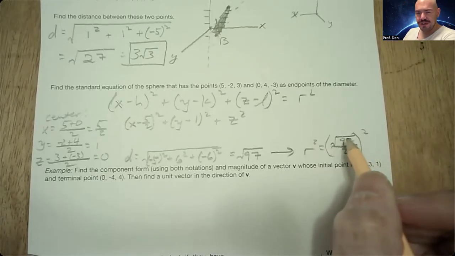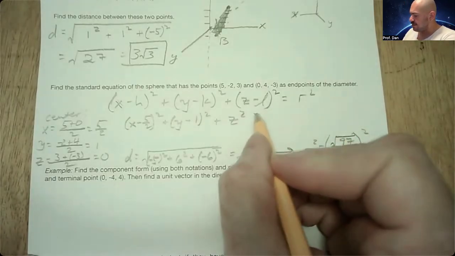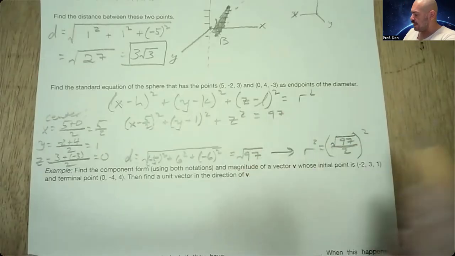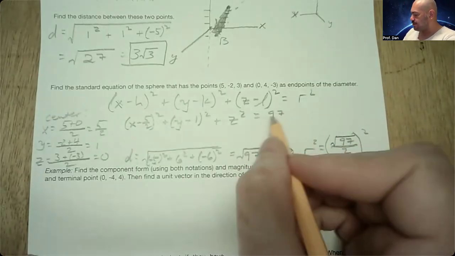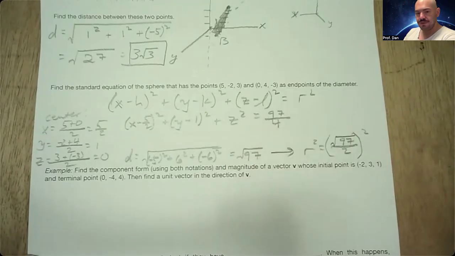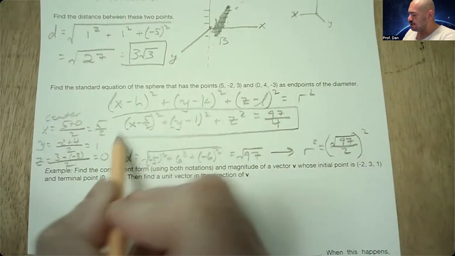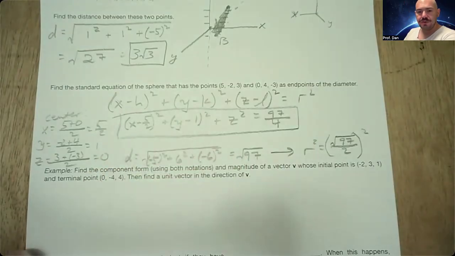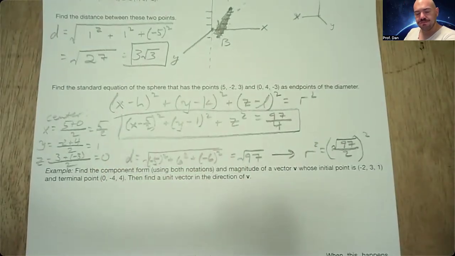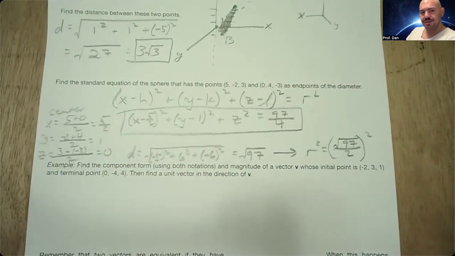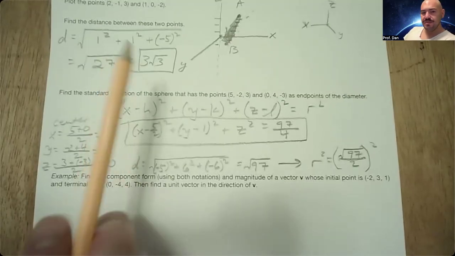So if I multiply the square root of 97 times itself, I get 97. If I multiply 2 by itself, I get 4. So this would be our equation for the sphere. Little application of why this distance formula can be useful.